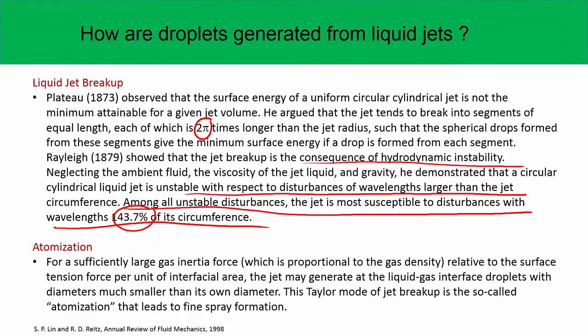Of course you understand that in a gas turbine combustor, when you inject a liquid jet, it is a very complicated process, because you have swirling flows, and very high pressure flow where the turbulence is very strong.